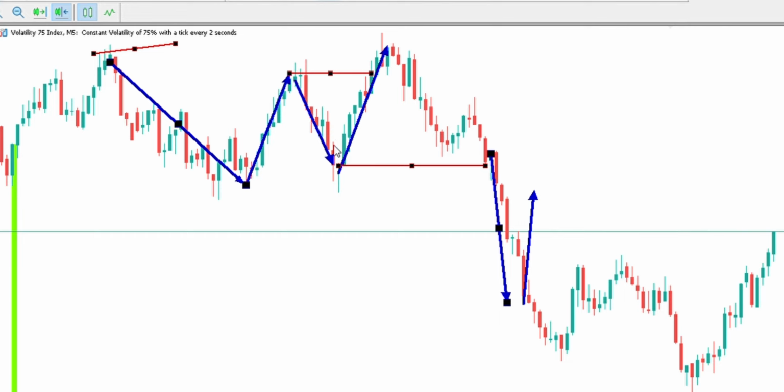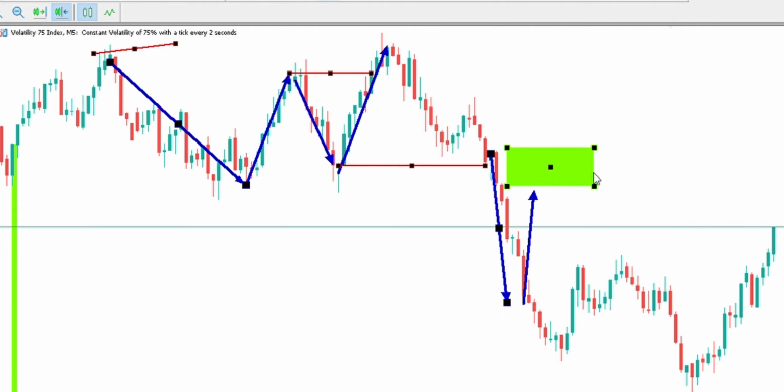It has sold up to this point. So what are we doing? We are waiting for the market to pull back up to this point. Then if it pulls back to this point, what can we do? We will be focusing on selling this market massively. So that's how trading is done. That's all about market structure.